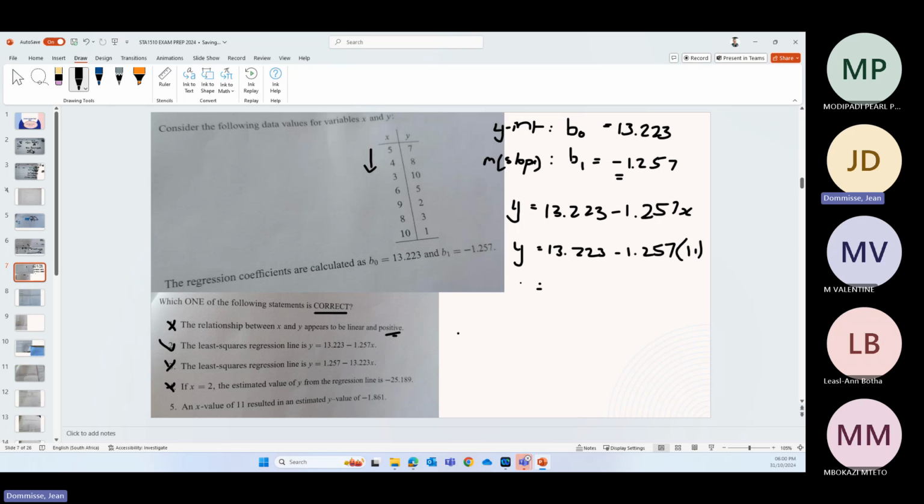So that will give us minus 604. That also shows you that option 5 is incorrect. So the correct one for this one is option 2.